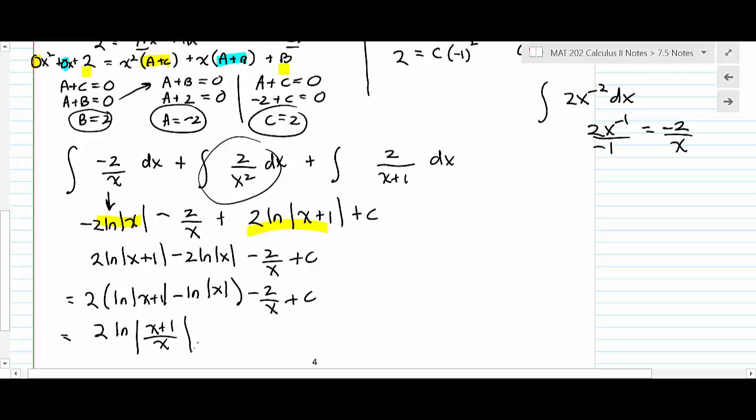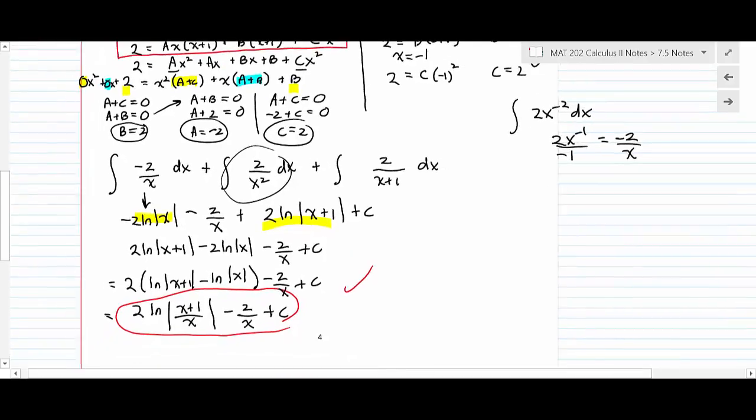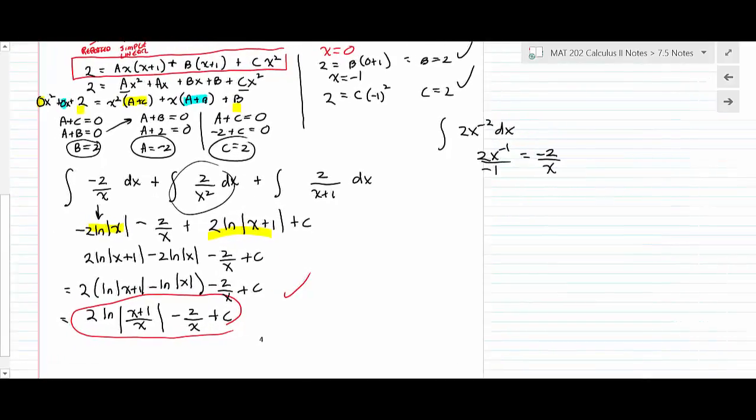And then minus 2 over x plus c, like that. That would be one way to write the answer. It would be like that. Okay. So that should be good. You factor the 2 out of the ln's and then write that as a quotient, then you should have a good answer on that problem. So that is how you handle repeated linear factors.